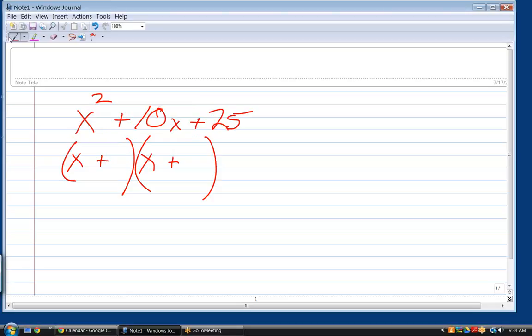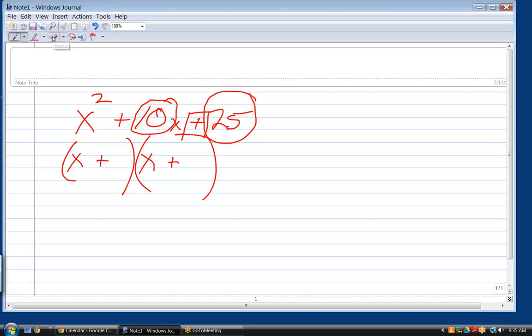I'll verbalize it. Put the 10x. It helps if you could verbalize it. If you could remember how to verbalize it, you'll remember it better. So here's what we're looking for. We're looking for factors of 25, that is, two numbers that multiply to 25, and add, because of that, to 10.